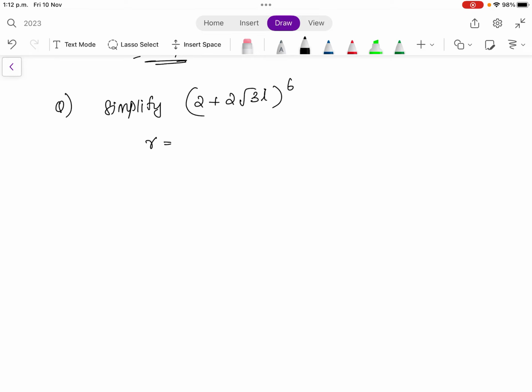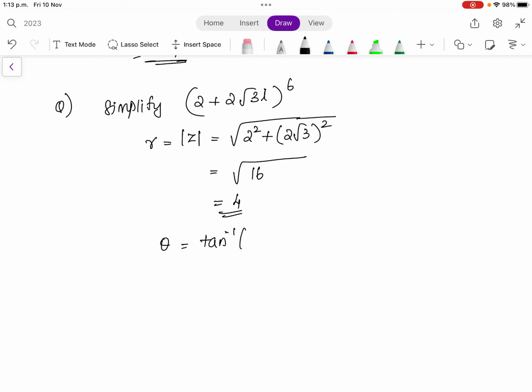First you find r, which is the modulus of z, which is equal to the square root of 2 square plus (2 root 3) square, which can be written as root of 16, which is equal to 4. Then you find theta, which is nothing but tan inverse y over x. So y over x is 2 root 3 over 2, which is equal to tan inverse root 3. That is equal to 60 degrees, or pi by 3.